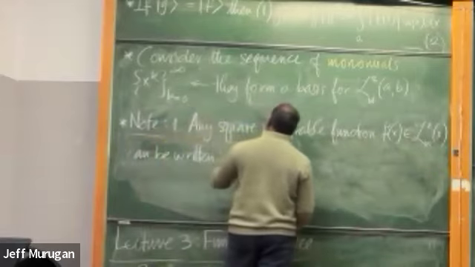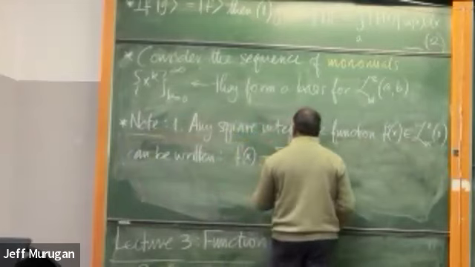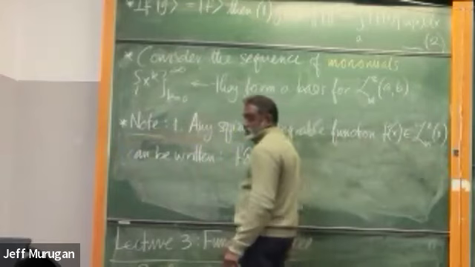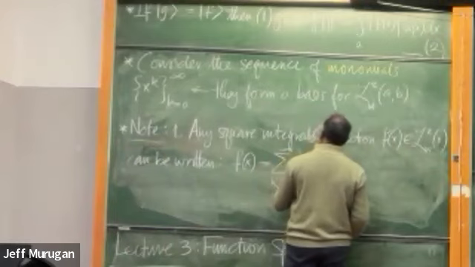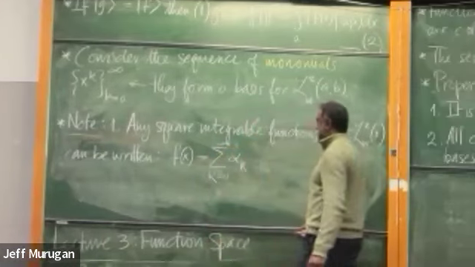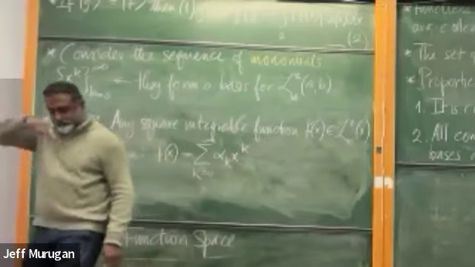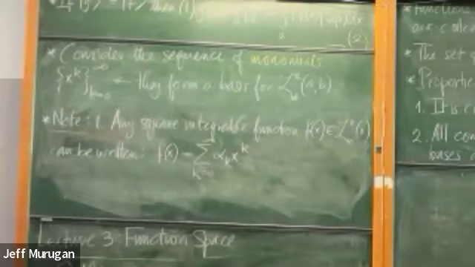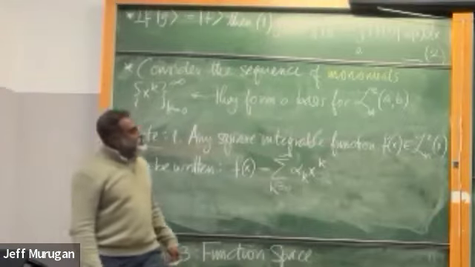I can write f of x equal to the sum, k equals 0 to infinity, of some constants, let's call them alpha k, times x to the k, because these form a basis for the set of square integrable functions.